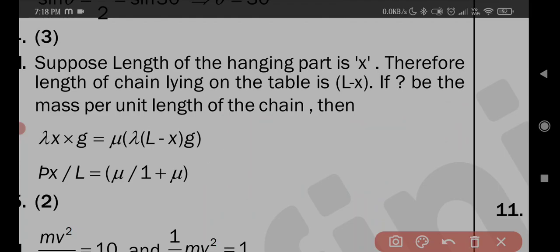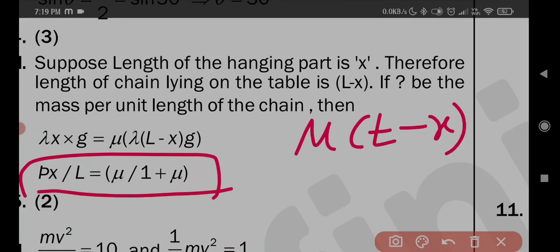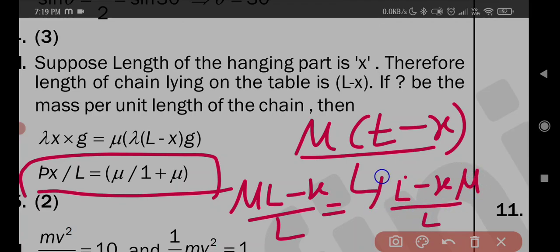Can I write mu into L minus x by L as mu into 1 minus x by L?